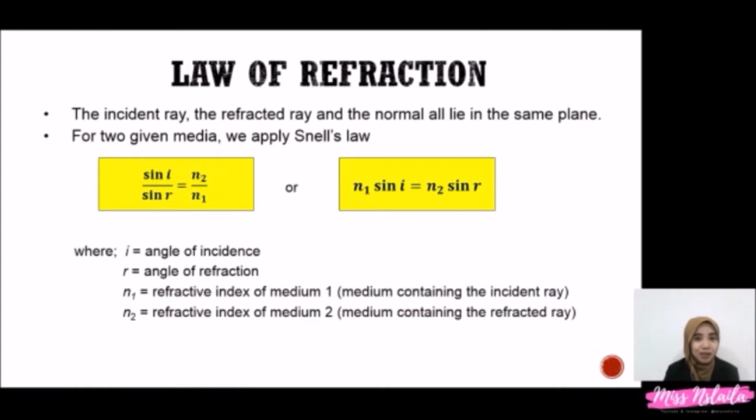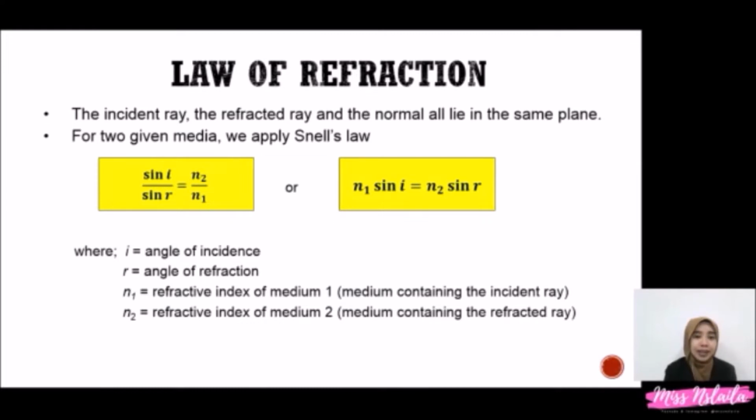For the law of refraction, we have, first, the incident ray, refracted ray and normal line all lie in the same plane. Second, for two given media, we can apply Snell's law, which is sin i over sin r equal to N2 over N1, or you can write it as N1 sin i equal to N2 sin r.